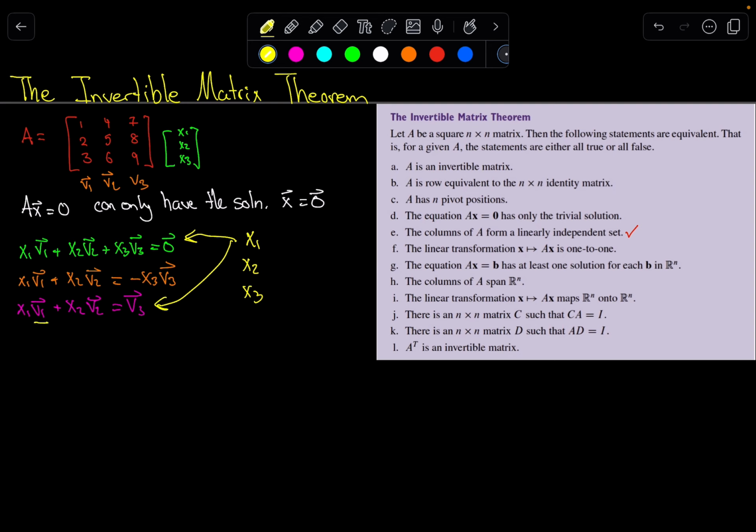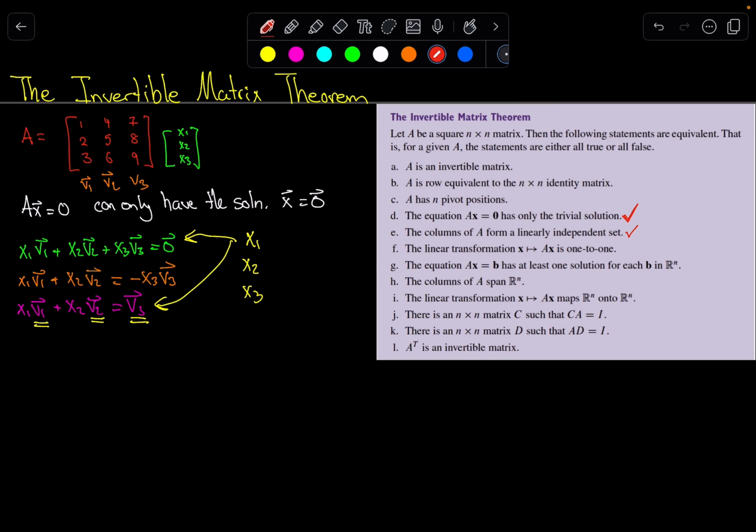But that would mean that v3, with respect to these two vectors, is a linear combination of those two vectors, which goes against our original claim that the columns of the matrix A are linearly independent. So that gives us a few things from this chart. We've now shown that AX equals 0 has only the trivial solution, and that the columns of A form a linearly independent set. That was the thing that we started with.